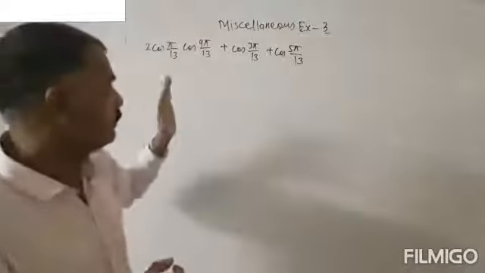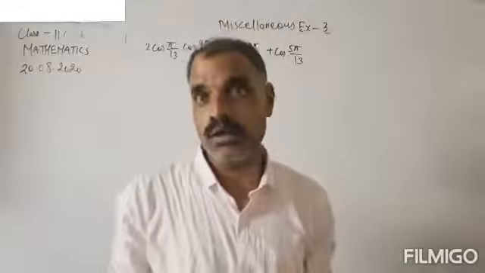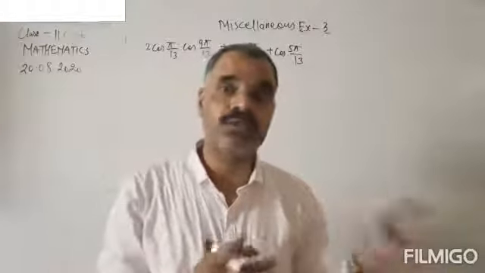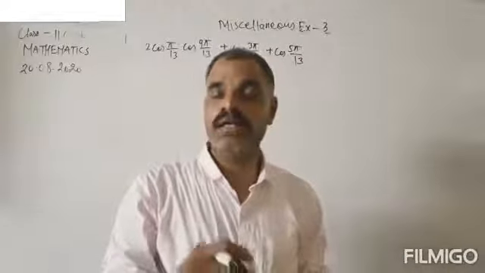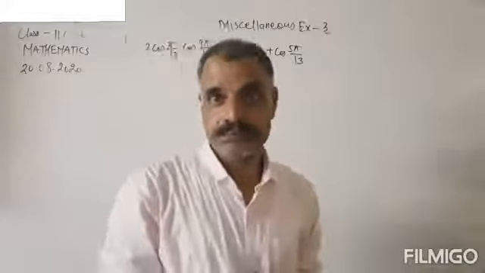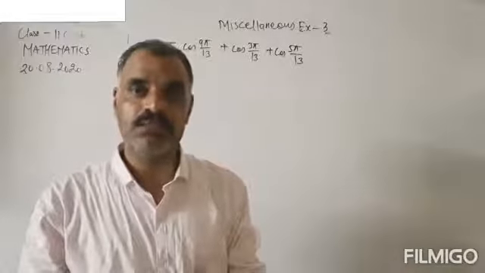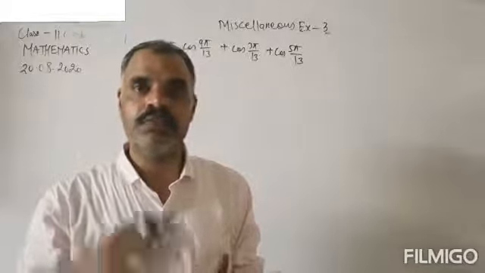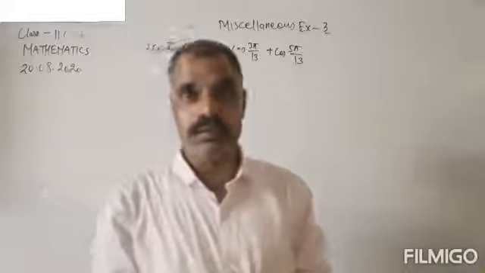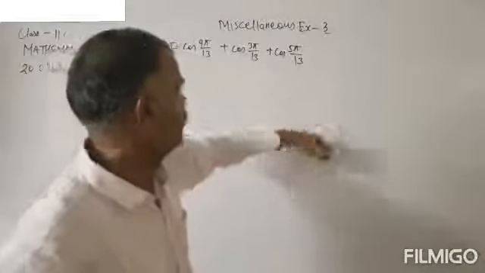We have to use trigonometric identities, or any other identity, that can simplify this expression, either using trigonometric ratios or trigonometric identities. So what identity can you use? You have to think.